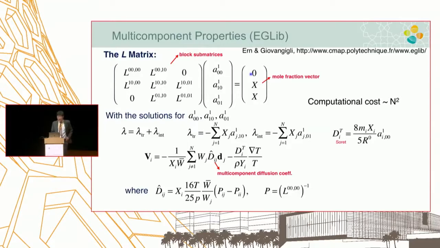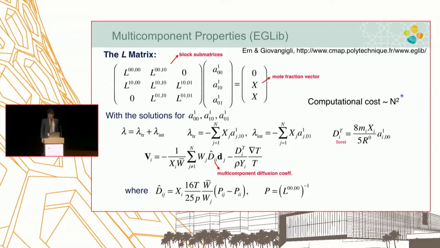Again, I don't want to get into too much detail, but this is a method followed by Ern and Giovangigli, and there is software available to download, which is called EGLib. And it's very expensive. As you can easily see, without going into too much detail, this involves matrix inversion. Matrix inversion gets expensive, and the size of the matrix is n, the number of species. As the number of species increases, this computational cost goes like n squared.